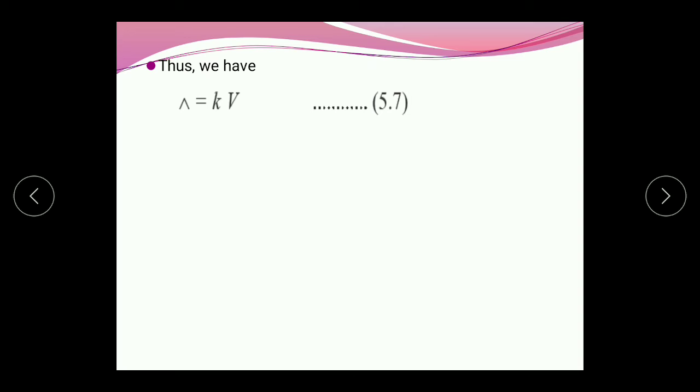This is our equation. Now, we will add one more quantity, that is concentration. Suppose the concentration of the solution is equal to C, and concentration is always measured in moles per liter, so C moles per liter. Now, lambda equal to KV is our equation.